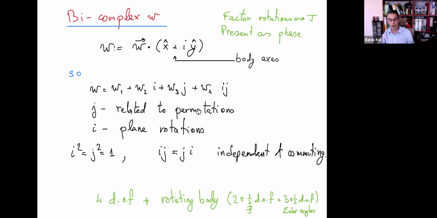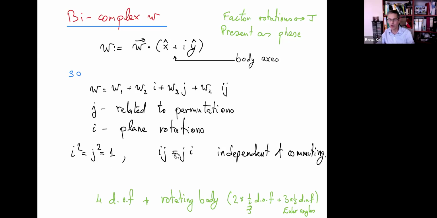J is related to permutations, as we saw, and I is related to rotations of the plane. Both of them square to -1. I see it should be here -1. Okay, great, I will fix that. And they are independent and commuting.